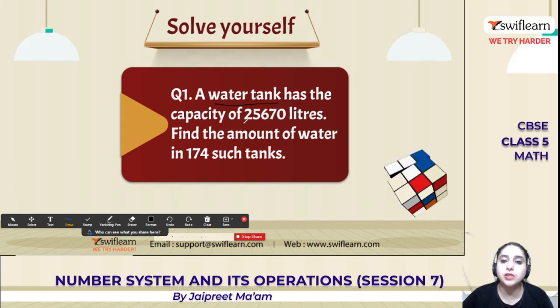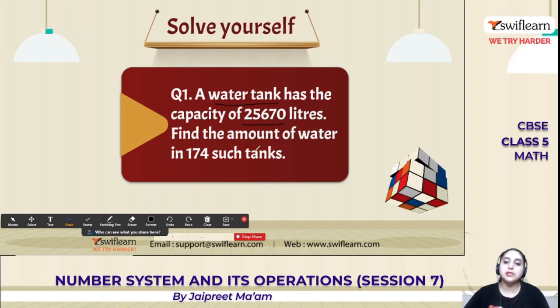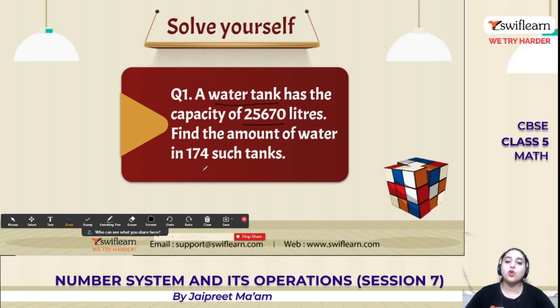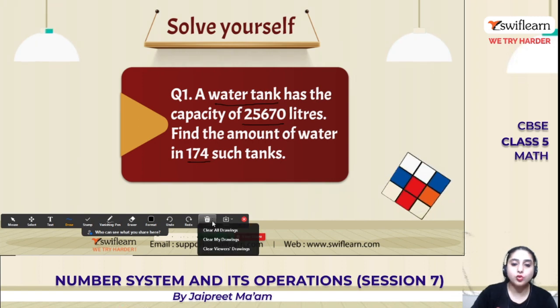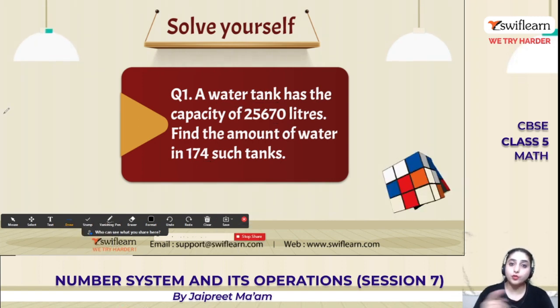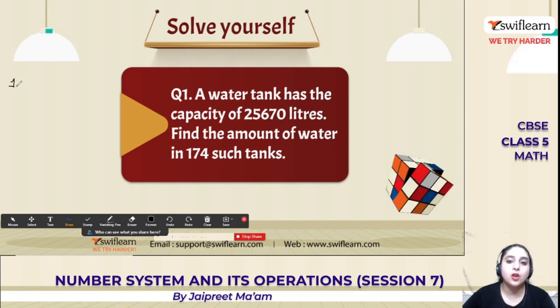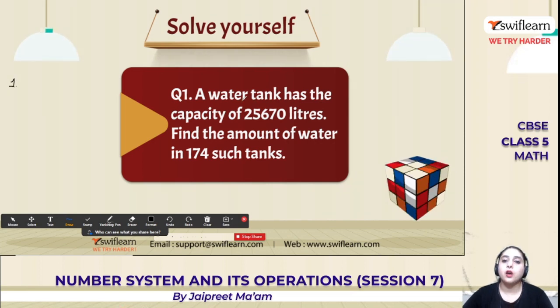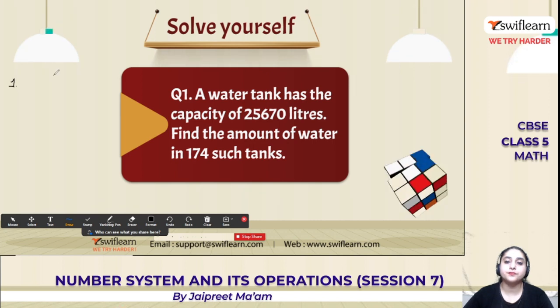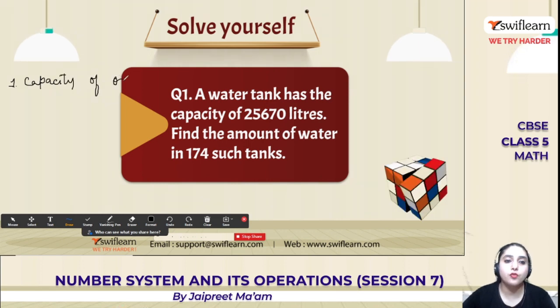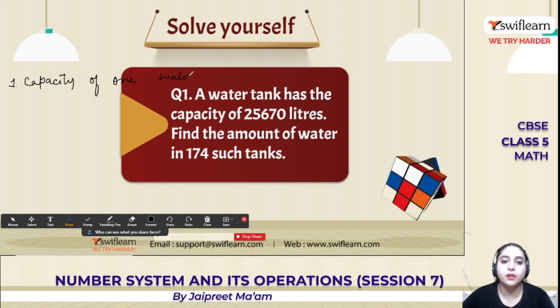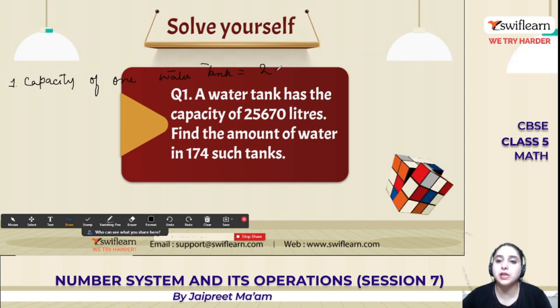So here the water tank stores 25,670 liters. Find the amount of water in 174 such tanks. So how to do that? First of all, you have to write the statement: capacity of one water tank is equal to 25,670.